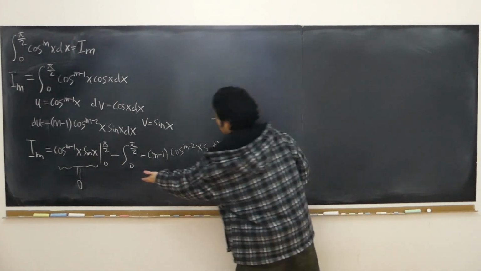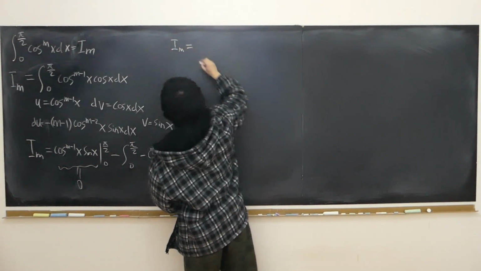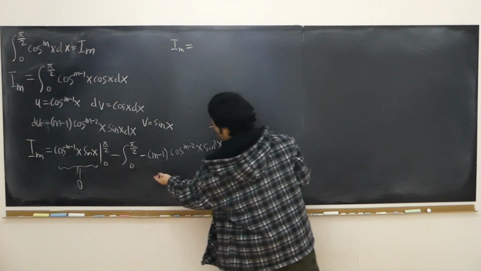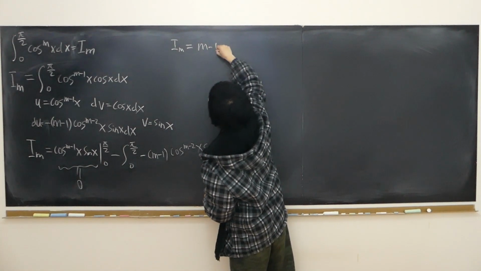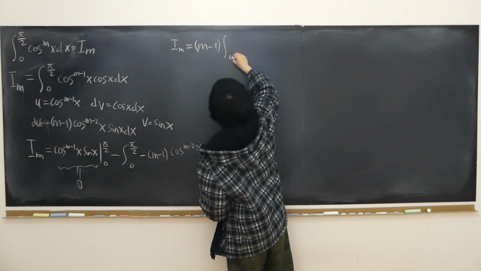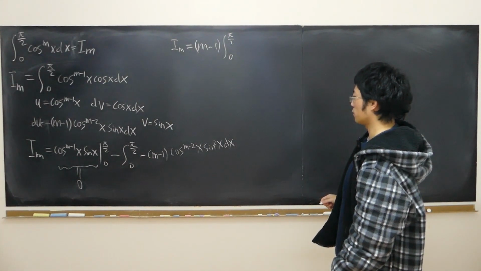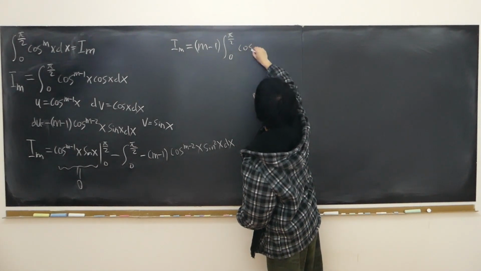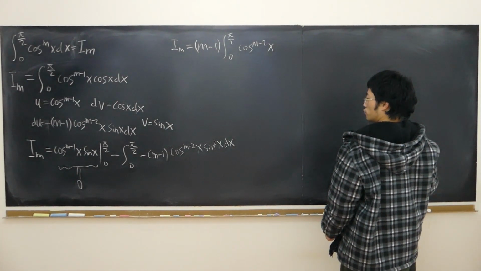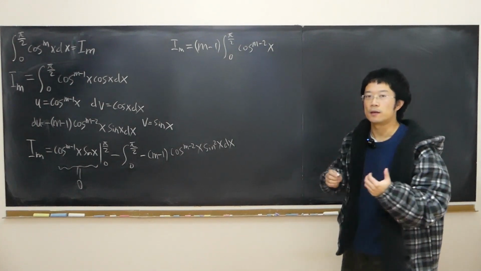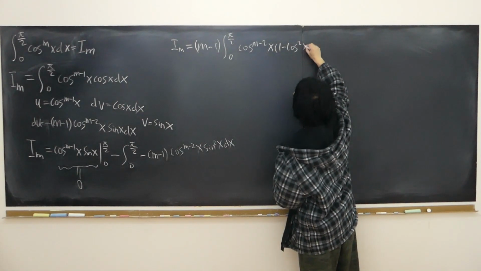Now, this part, let me just write here. I sub m is, the minus sign becomes positive. The coefficient, take it out here, so m minus 1 times the integral. What are we having here? Cos to the power of m minus 2 x times sine square. Maybe let's rewrite sine square into 1 minus cos square. Sounds good.